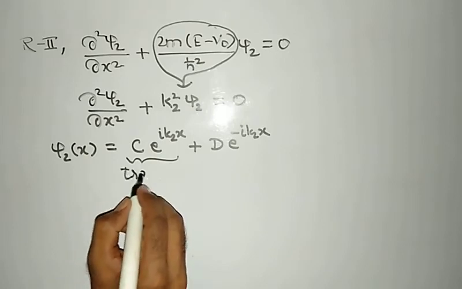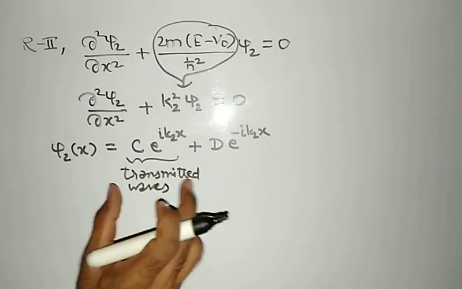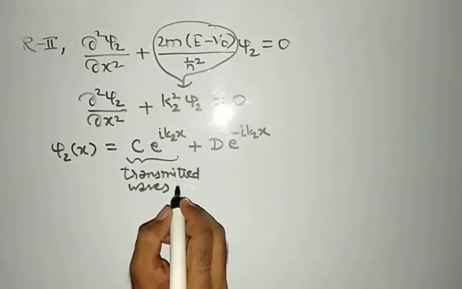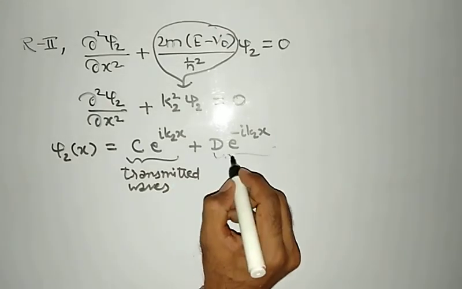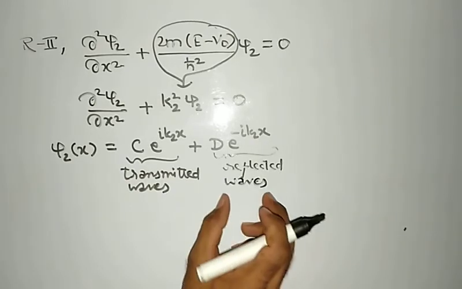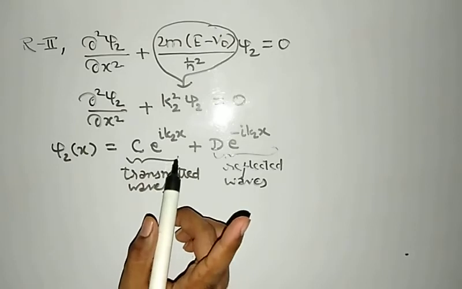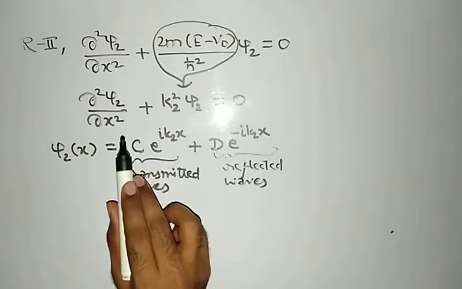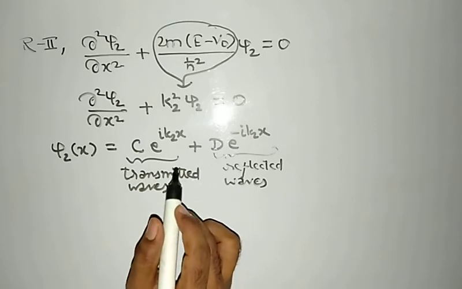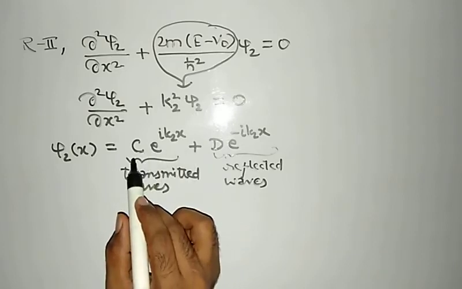This is showing transmitted waves, or we can say this is the transmitted beam of particles in the second region, and this is showing reflected waves, again in the second region, but the amplitudes are different, because when the beam of particles crosses from region first to second, obviously kinetic energy is lesser, so momentum will vary, which means amplitude variation will happen.